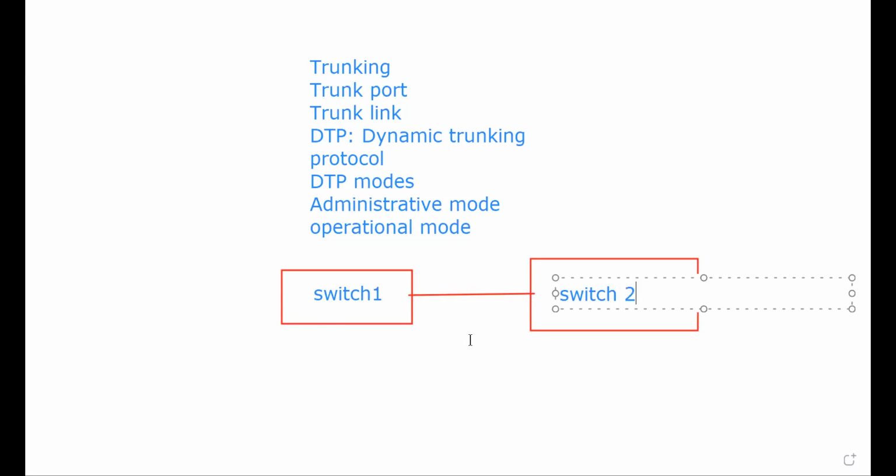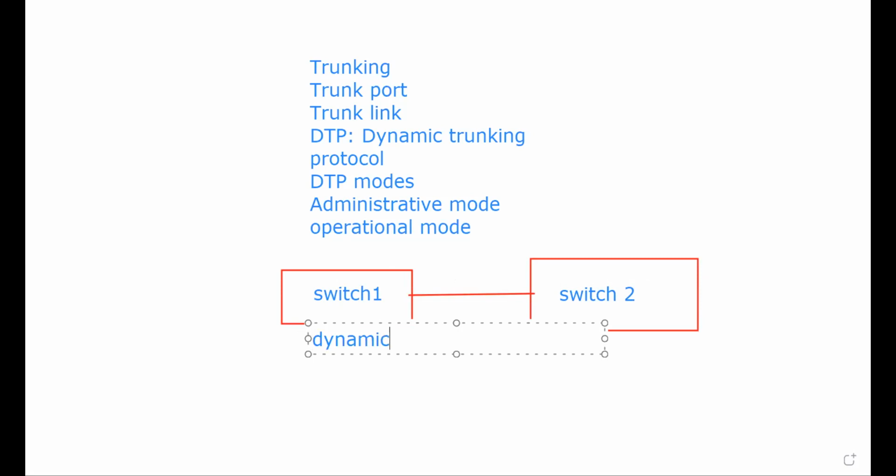By default, our switch is in dynamic auto mode. Operational mode means the way your switch link will perform.